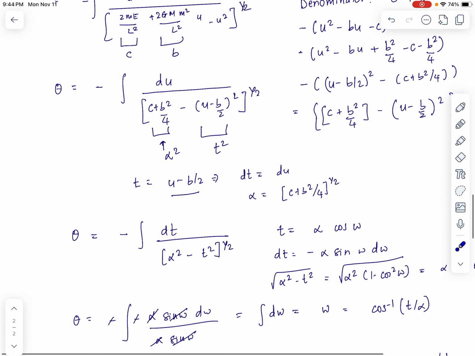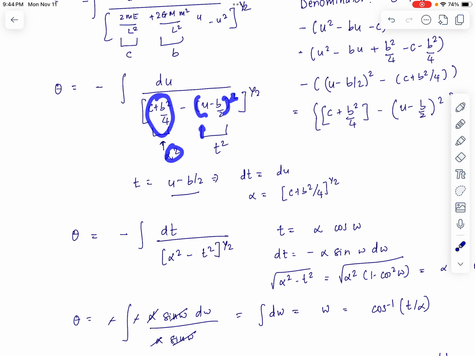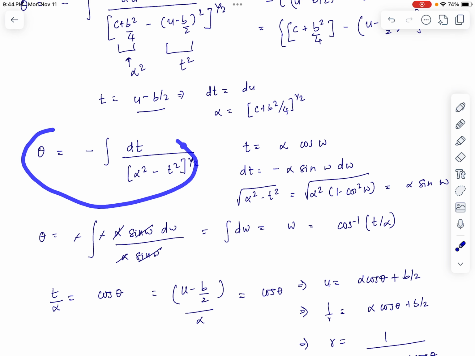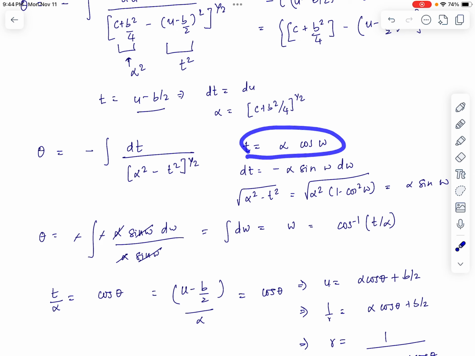And we take this and write this as alpha squared, and we take this term and write this as t squared, where t equals u minus b over 2 and dt equals du, right? So alpha is this quantity with a square root sign. So now we can write theta in a very simple way, and we use trigonometry to find the value of t equals alpha times cosine of w.